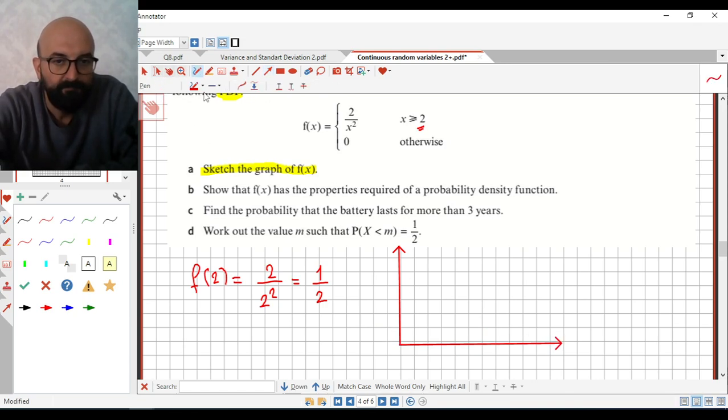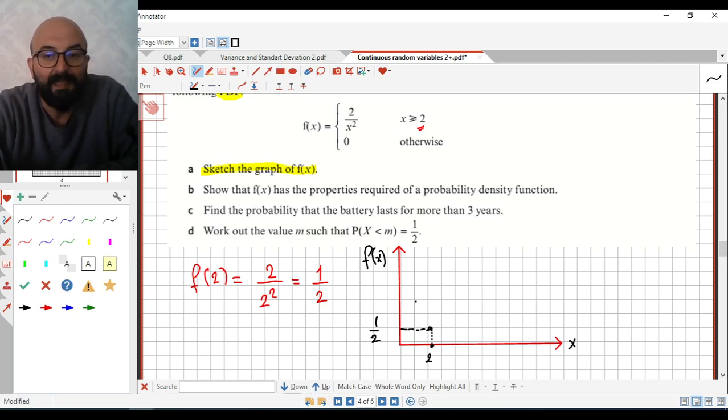The x-axis is x, and the function values are on the y-axis, and our x value should begin at 2, and 2 crosses to 1 over 2. And our function is defined for x greater than 2, and otherwise 0.